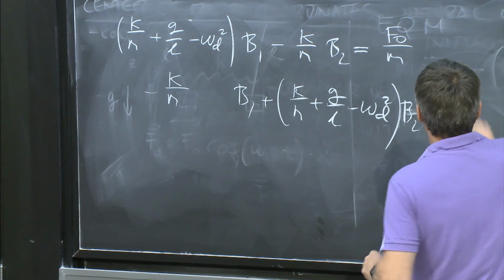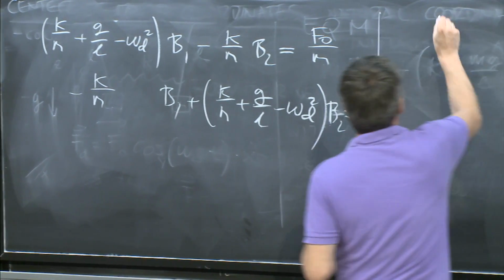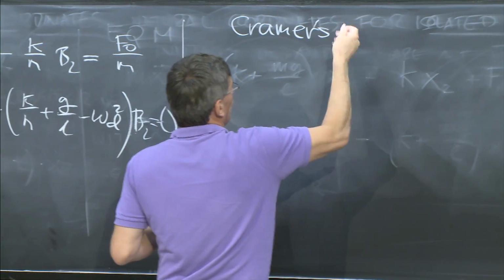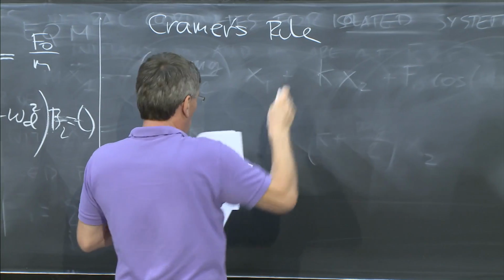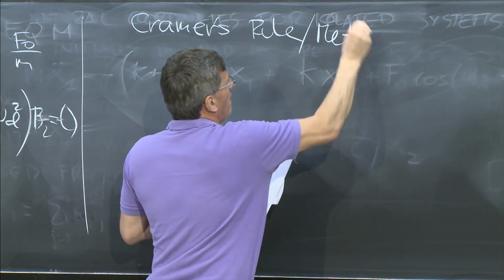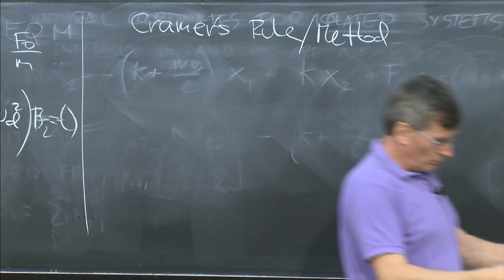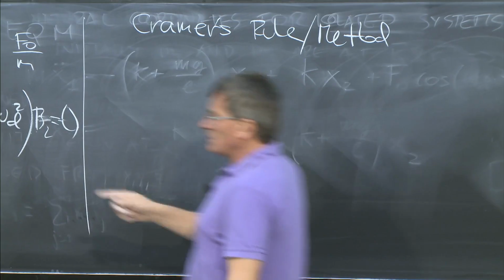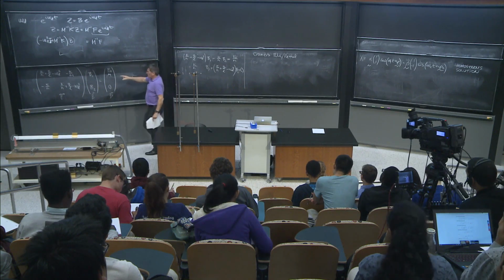However, there is, again, a better way. It's Cramer's rule or method. Actually, I don't know if it's method or rule, right? And so the way you do it is the following. You look at those equations.